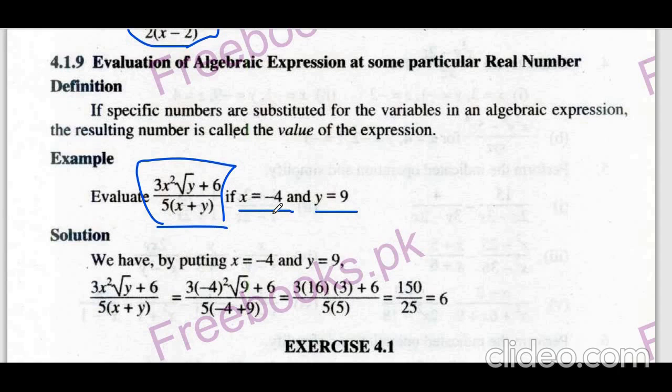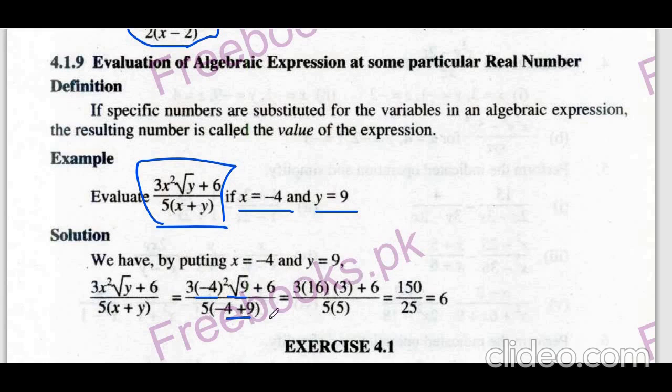Just put the values of x and y in this expression. For example, 3x square, where x is minus 4: minus 4 square, times square root of y, square root of 9, plus 6. In the denominator, 5x plus y, where x is minus 4 and y is 9. The square of 4 is 16, the square root of 9 is 3, plus 6.